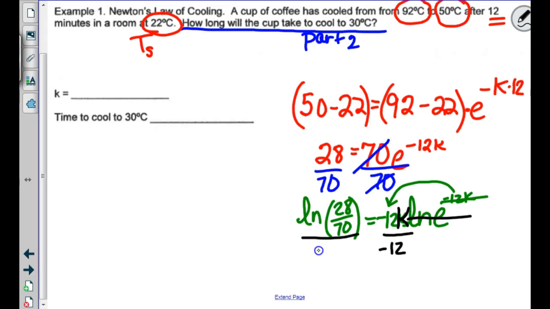Now, this is a cooling process, so the k value is going to be negative. Actually, it's going to turn out positive because of the negative down there, I think.